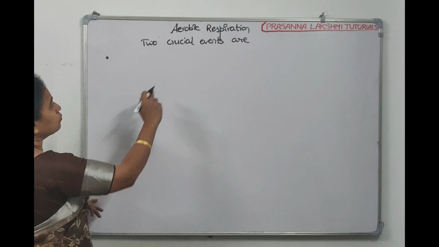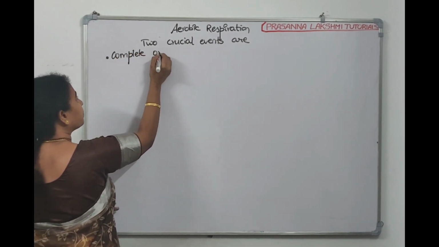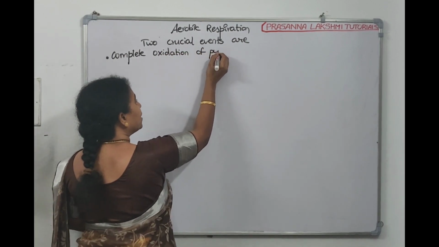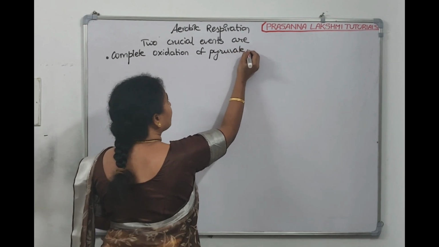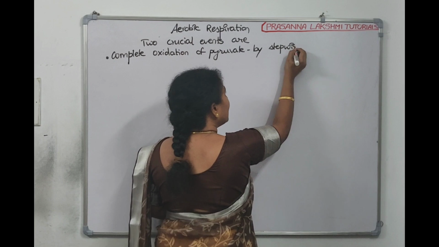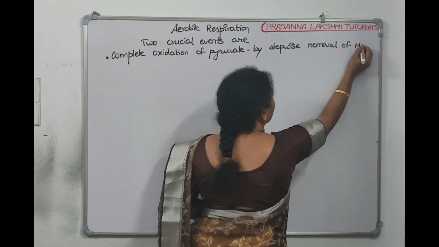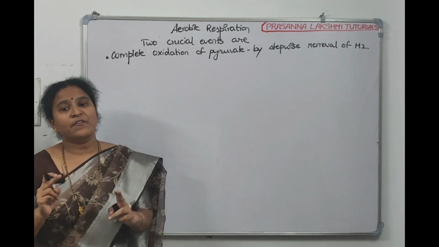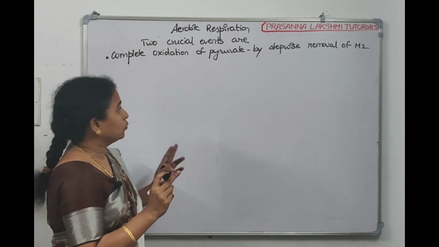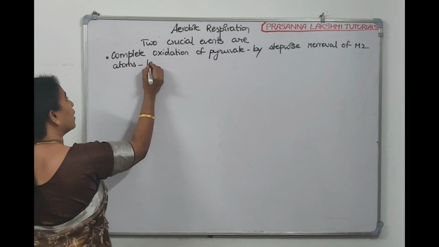The two crucial events are, first, complete oxidation of pyruvic acid by stepwise removal of hydrogen atoms, leaving 3 molecules of CO2.